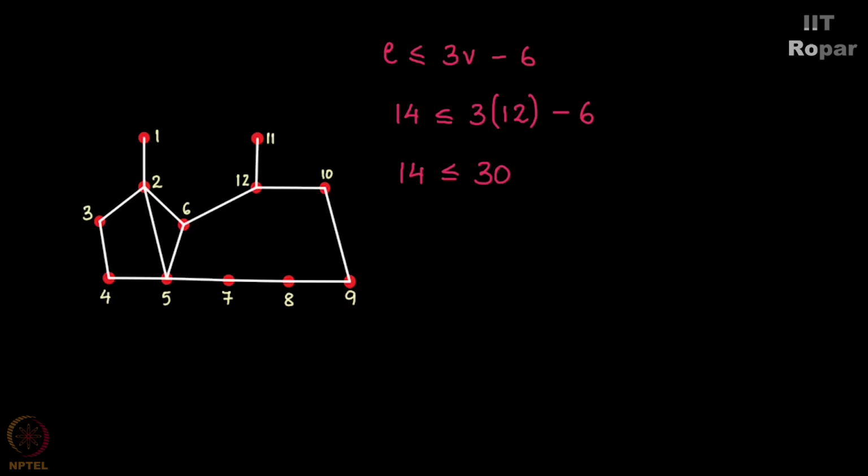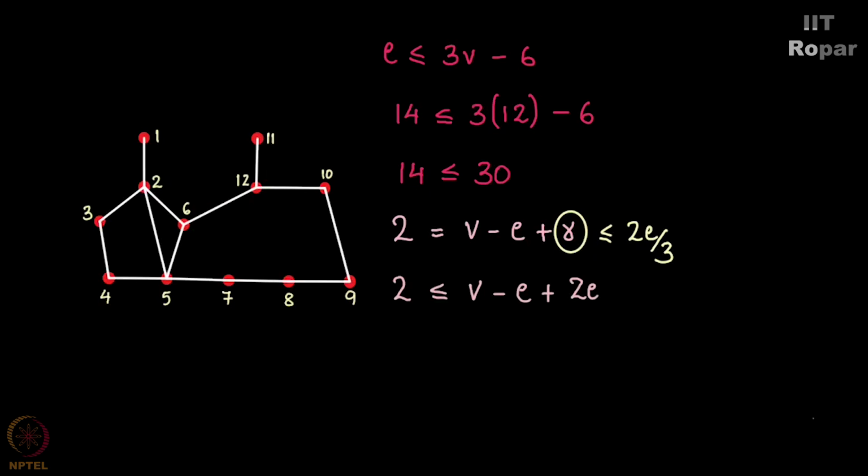Why is it true? Let's observe. Look at this: 2 is equal to v minus e plus r. That's right. Correct? But then r is less than or equal to 2e by 3. Why? Because we saw that 3r is less than or equal to 2e. We proved it just now. So 2 is equal to v minus e plus r, which is less than or equal to v minus e plus 2e by 3, because r is less than or equal to 2e by 3.